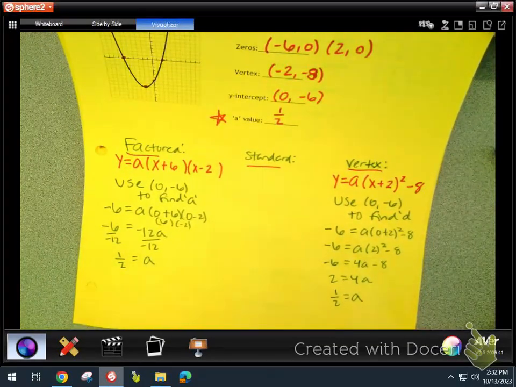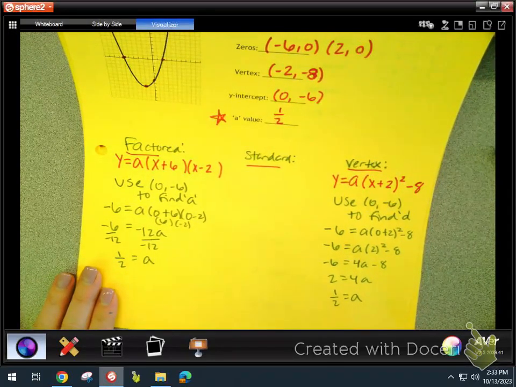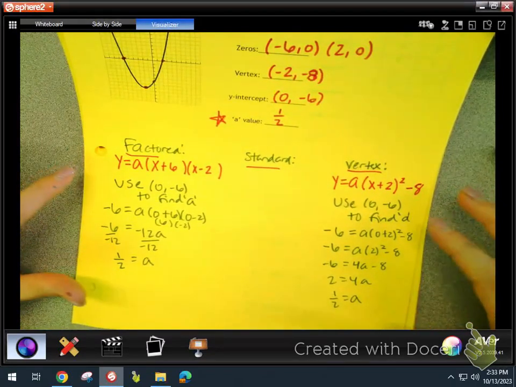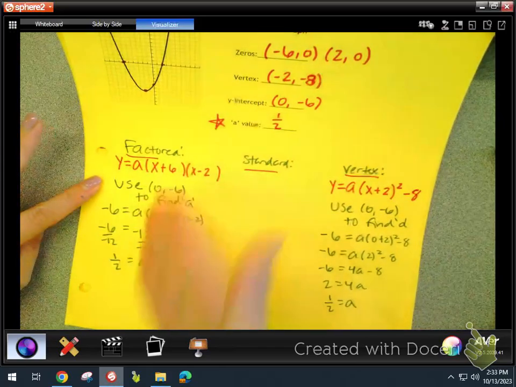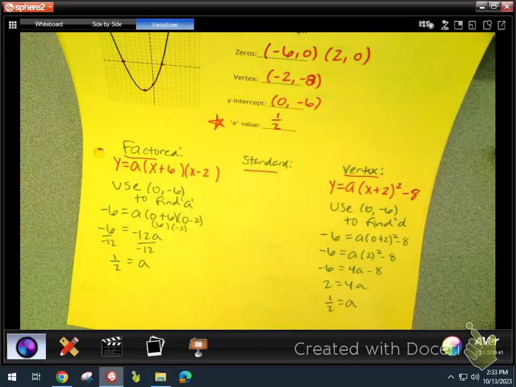You do not have to do both. You only have to find A one time, and that's nice because it's the same A all the way around. I just showed both ways, because you're going to have some problems where you have to do it this way or that way. In this form, you get options. So I wanted to put both.